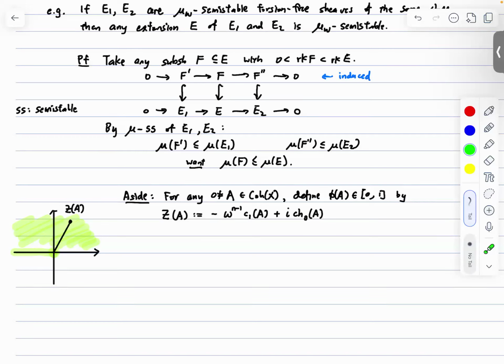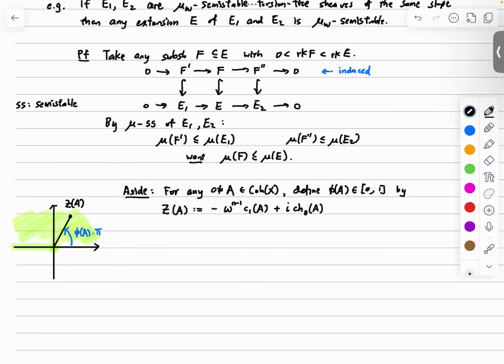Then we can measure this angle, the phase, and this angle is going to be some number between 0 and pi. Let's normalize it by dividing by pi, and we'll call that number phi of A. So phi of A would be between 0 and 1.